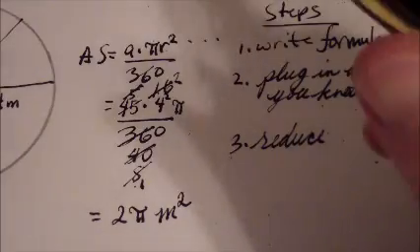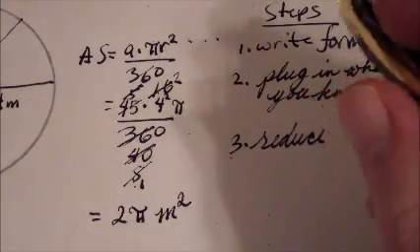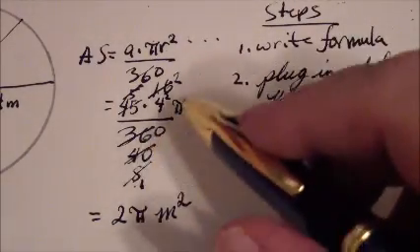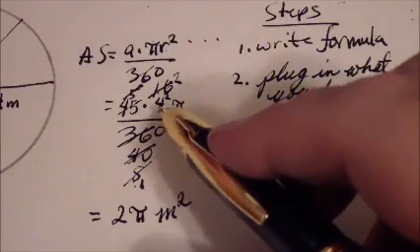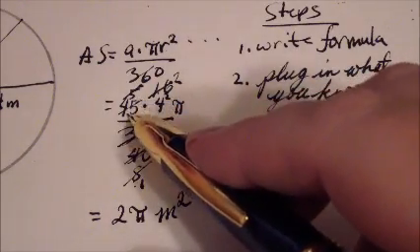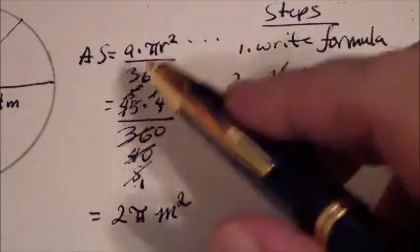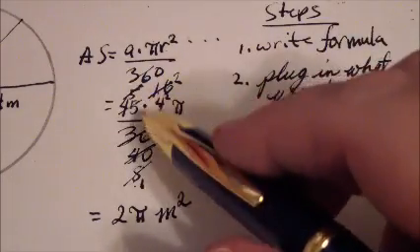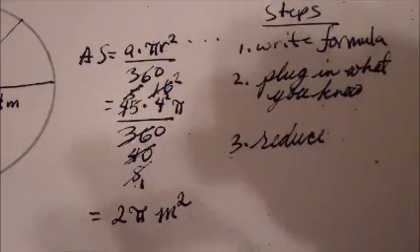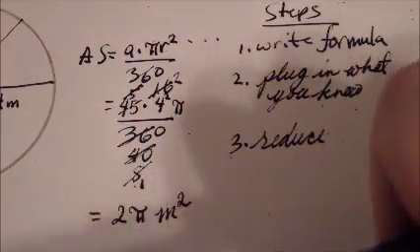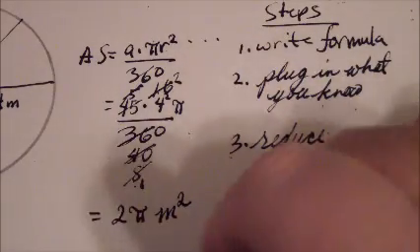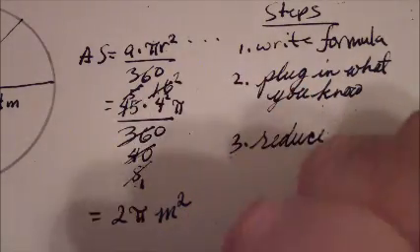Then we reduce. You could either reduce this in your calculator, but I think it's best if you reduce it by hand. It helps you understand the factors of each number, and also kind of helps you think about what can be related to the top and the bottom to make your number smaller. Okay, so we're done.